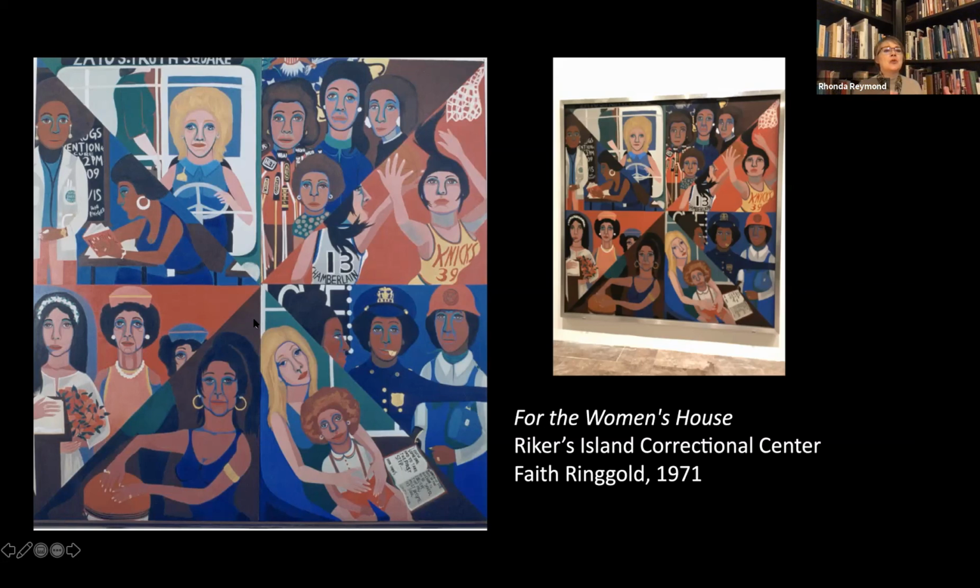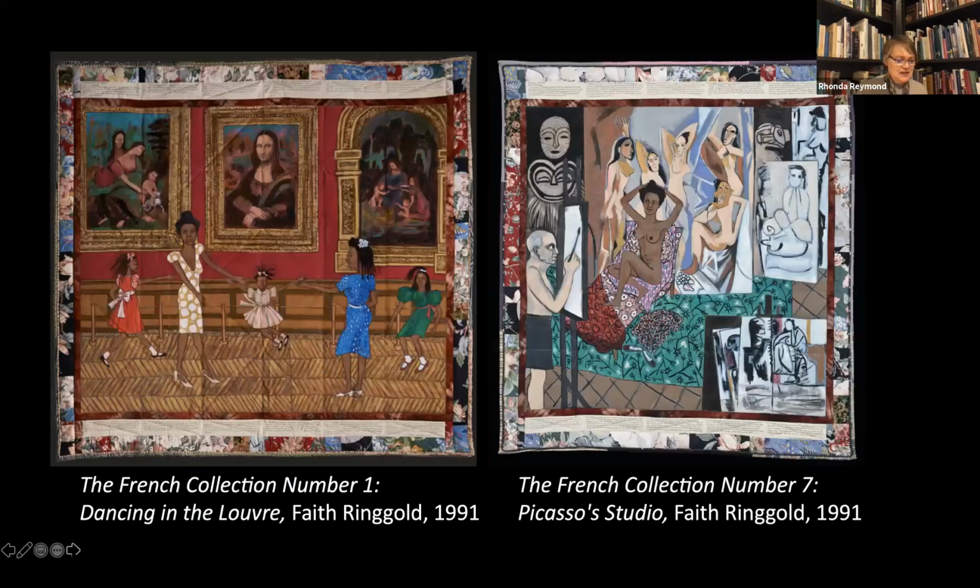So trying to show different types of career opportunities. And later on, this would be painted over, but it then was conserved, and the colors are back the way we see them.